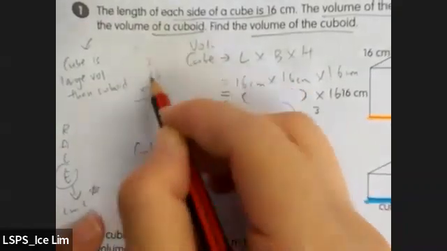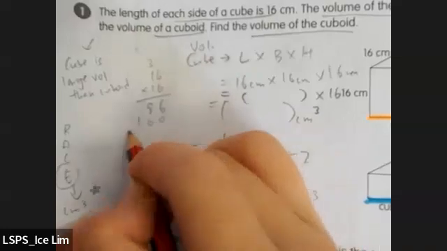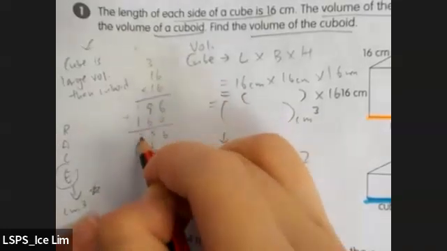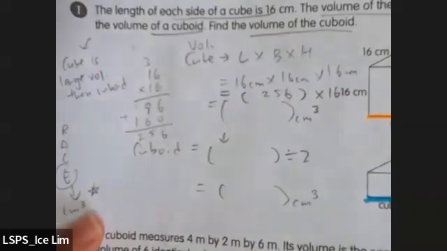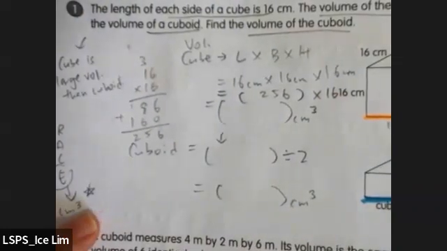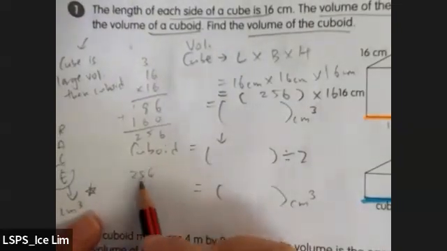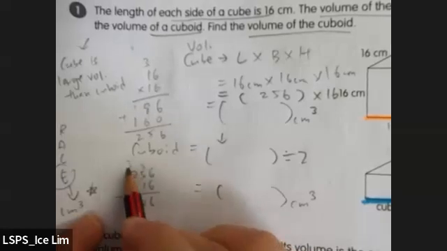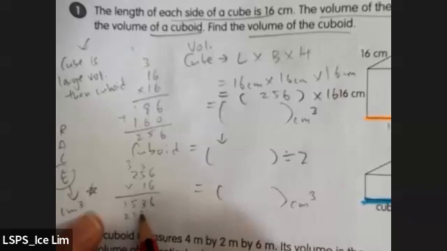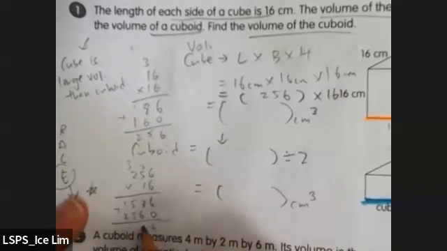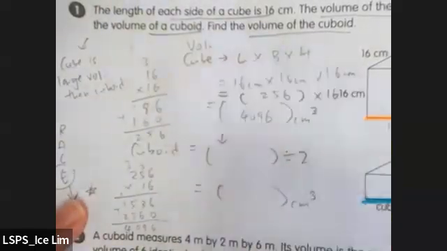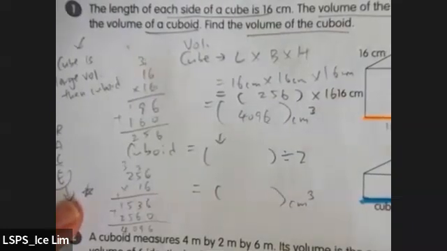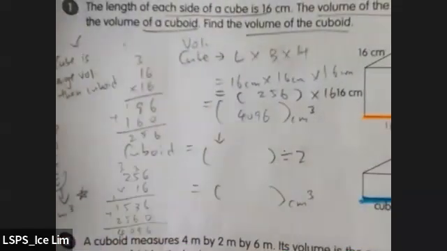That gives 256. Then I do 256 times 16, which gives 4,096. Then divide by 2. Okay? You do the rest yourself.